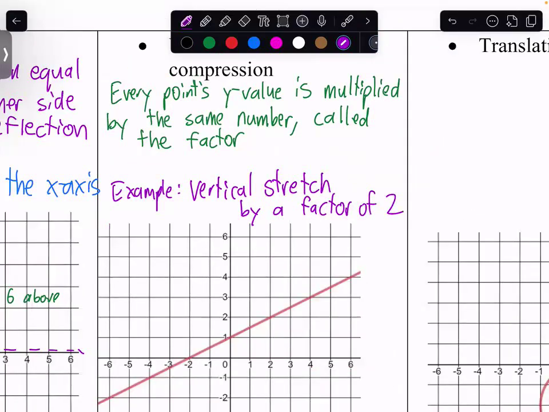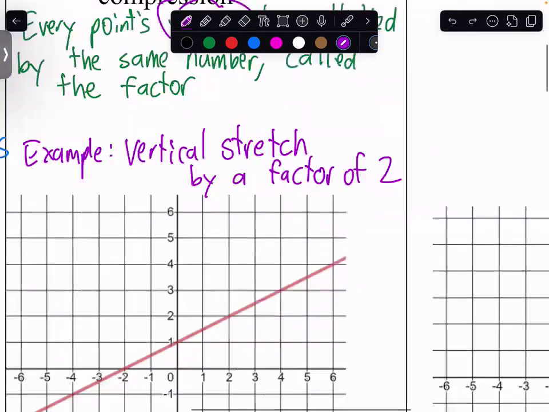What we're going to do is pick a point on the original line, and multiply its y value by, for this problem, 2. For example, this point right here is currently at (4, 3). It's 4 right, 3 up.